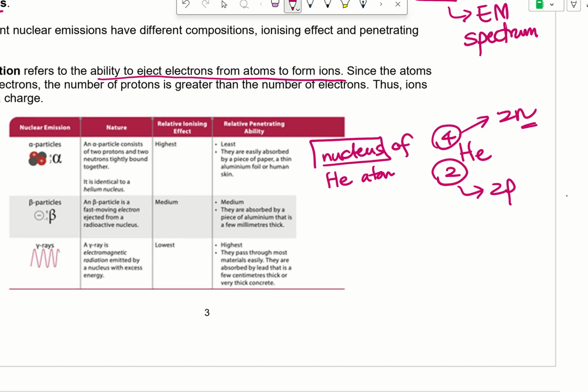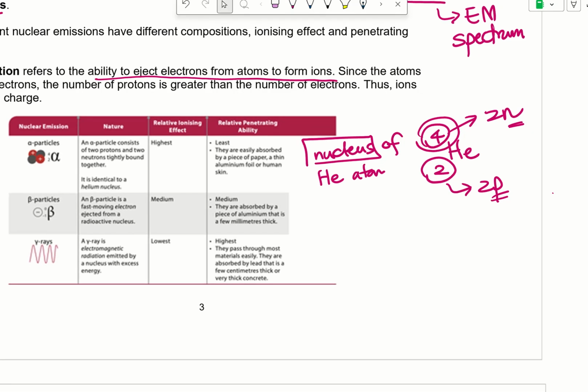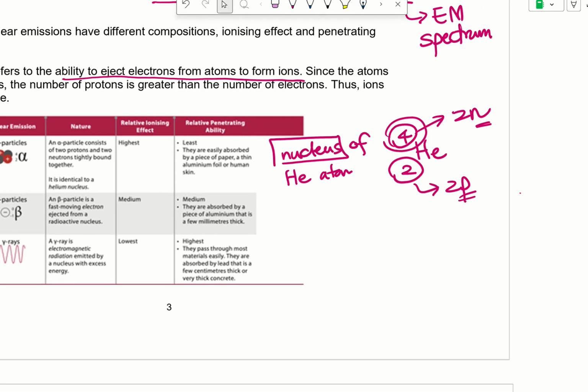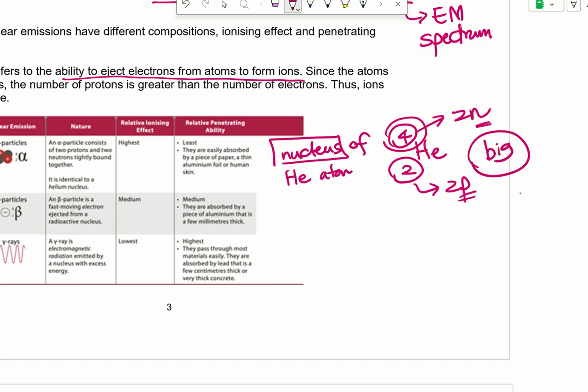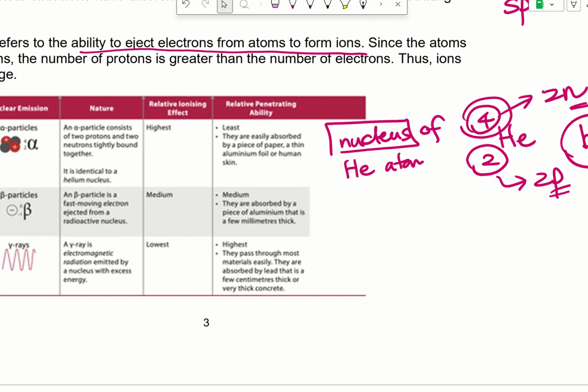Neutrons have mass, protons have mass, each one has a mass of 1. So if I have 2 protons, then I will have a mass of 2. And according to the nuclide notation, the mass number is 4, so it has 2 neutrons. That means this helium nucleus is quite big, very massive, right?